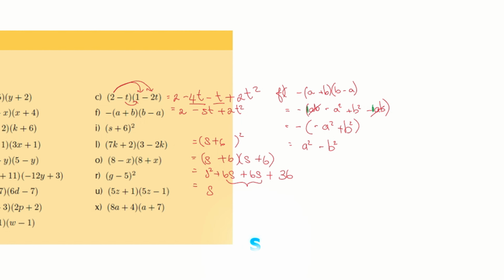So I have s squared, and those two are like terms, so that becomes plus 12s, plus 36. Remember, when we do addition, our variable stays the same. If we're doing multiplication, then we can add our variables' exponents.